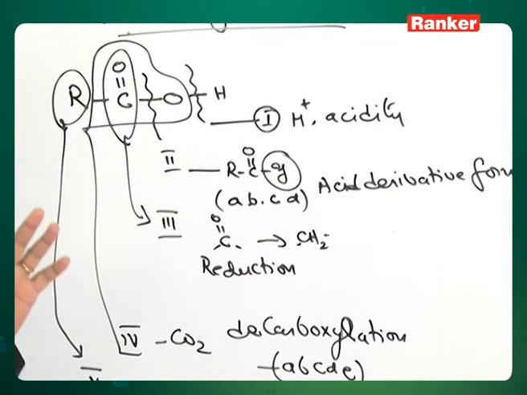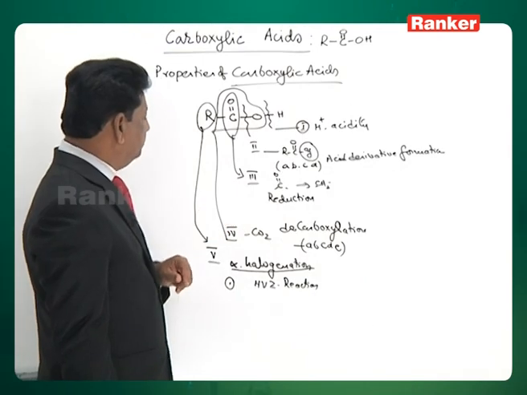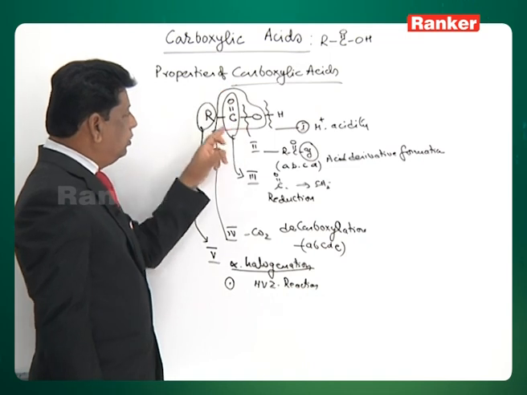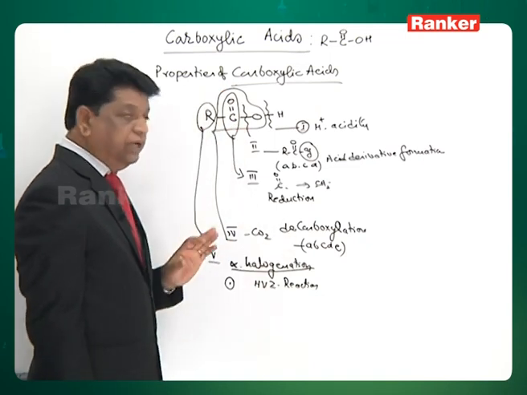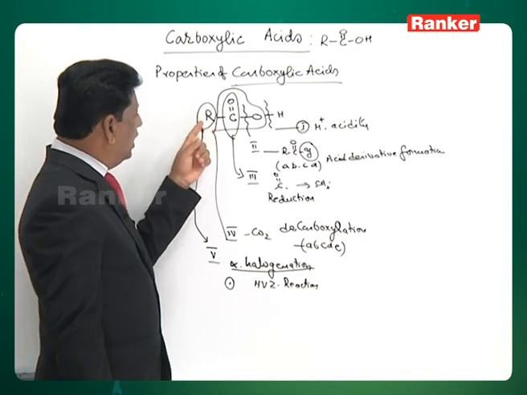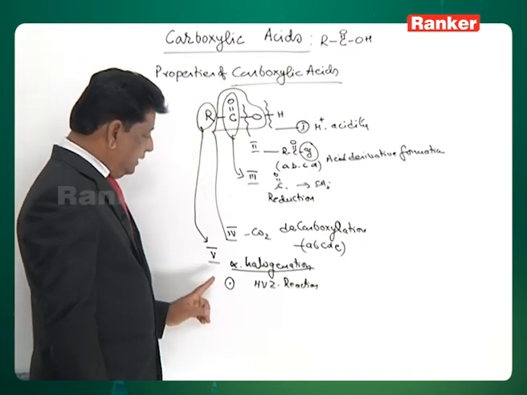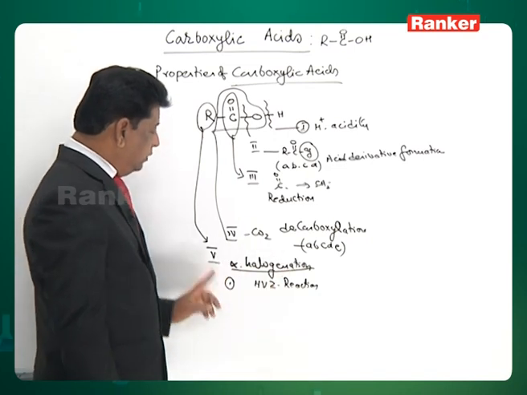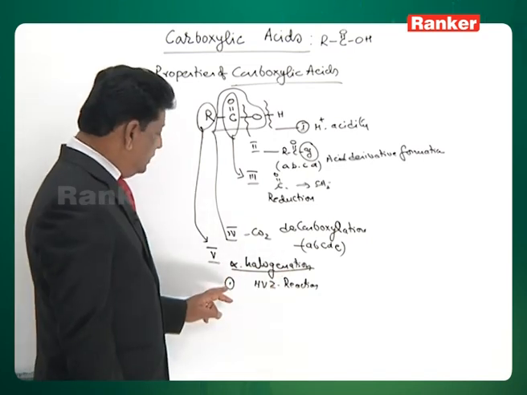This type of reduction is possible. I will show the mechanism. CO2 removal is called decarboxylation. We have 5 reactions under this category, and the alkyl group participates in certain reactions, specifically alpha halogenation, under the name HVZ reaction.